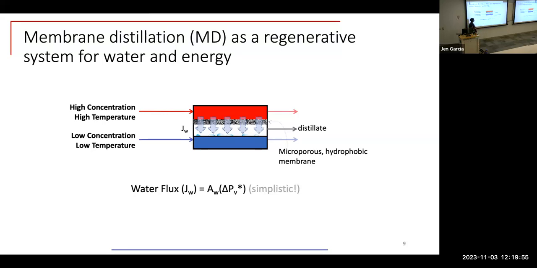And the way that this process works is that the driving force is a difference in partial vapor pressure gradient. So it's a temperature gradient. And the way I like to describe this process is it acts like Gore-Tex.